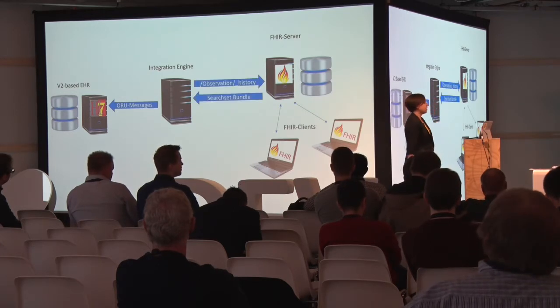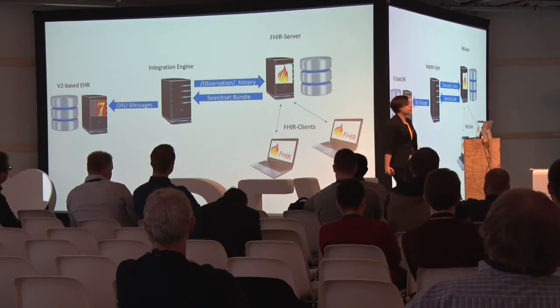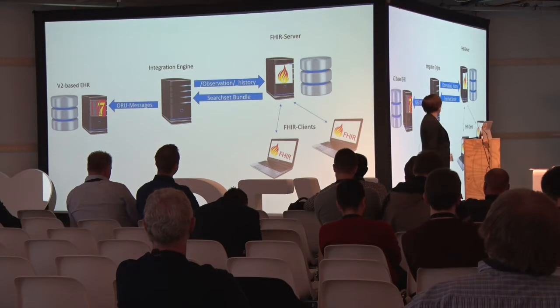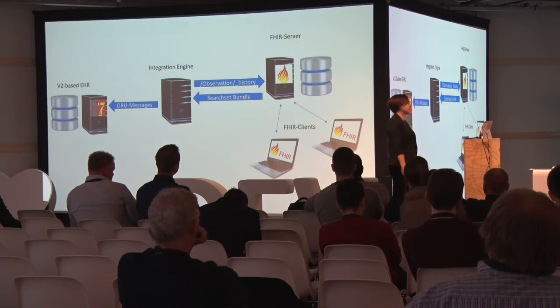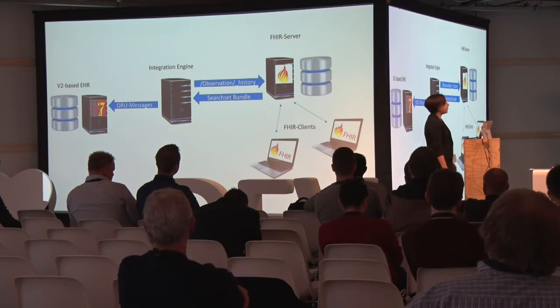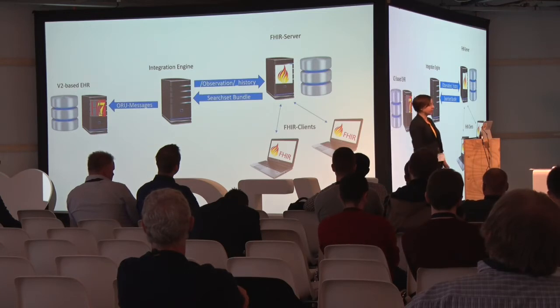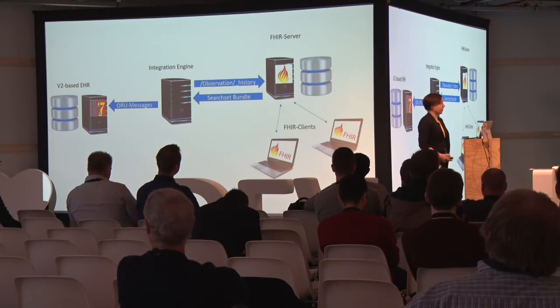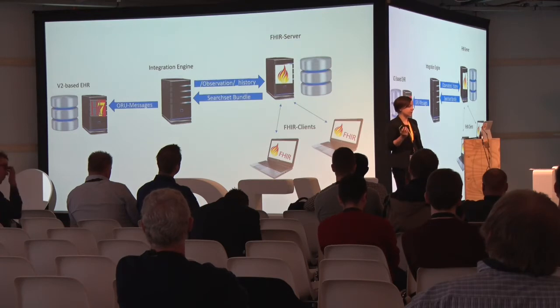The easiest way to handle that is to just poll the FHIR server by using the history interaction and say, hey, was there something new in the last 2 minutes or since I last asked? Has anything happened? And the server will give you back all of the new observations, all the changed and all the deleted observations. So from there you can then, vice versa, create the ORU messages for the V2 system.